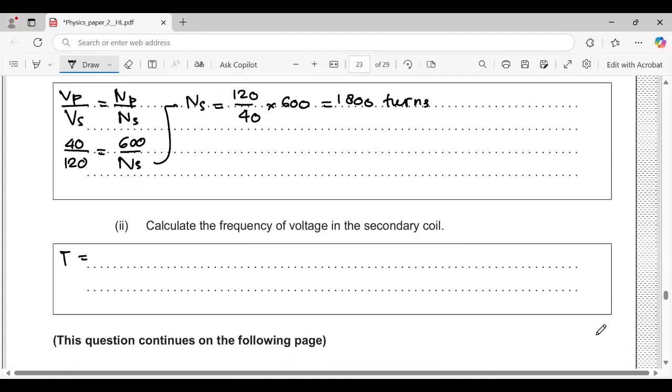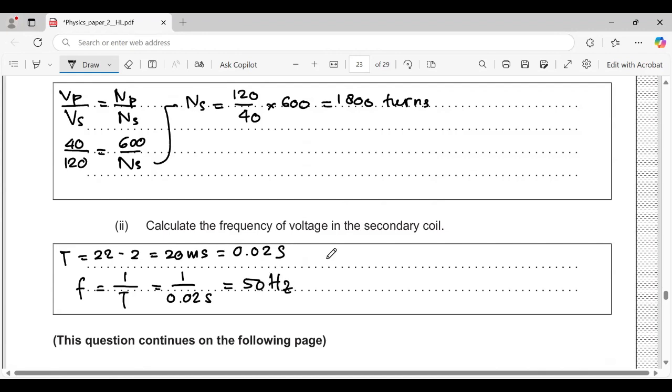So the period is 22 minus 2 equals 20 milliseconds, or 0.02 second. So the frequency equals 1 over T equals 1 over 0.02 second equals 50 hertz.